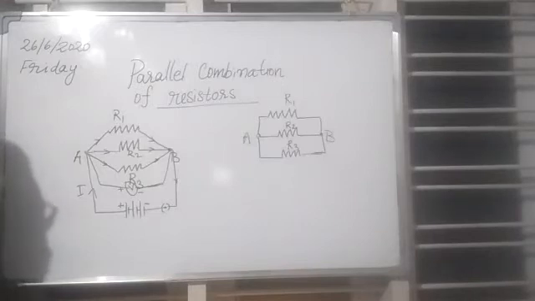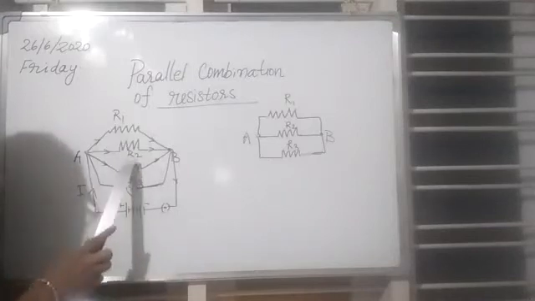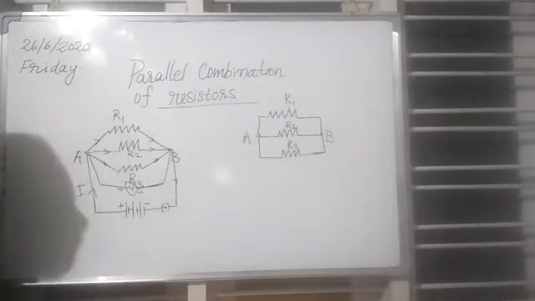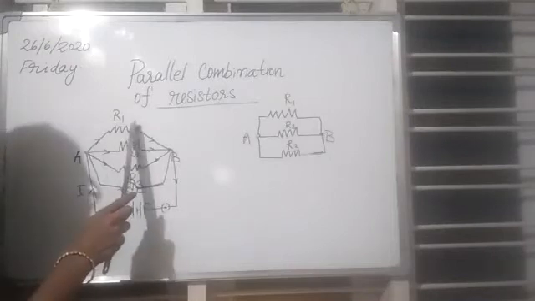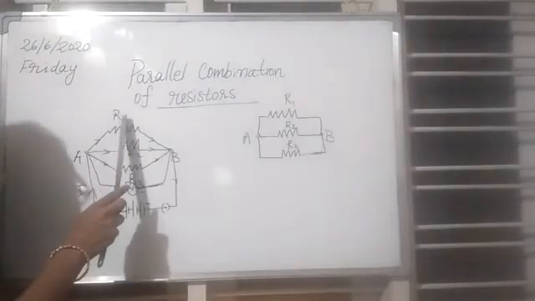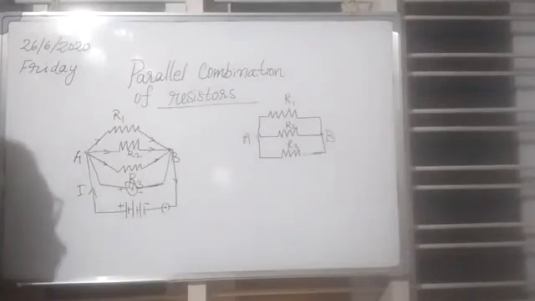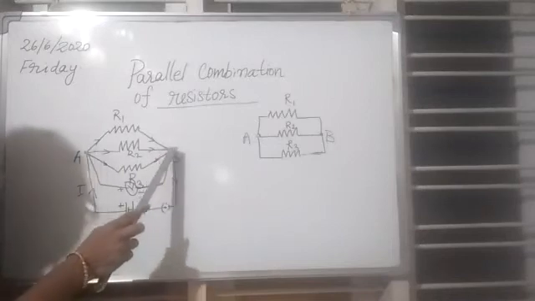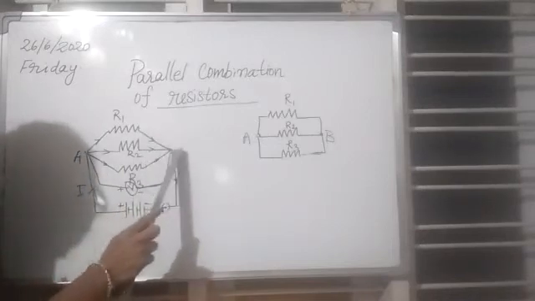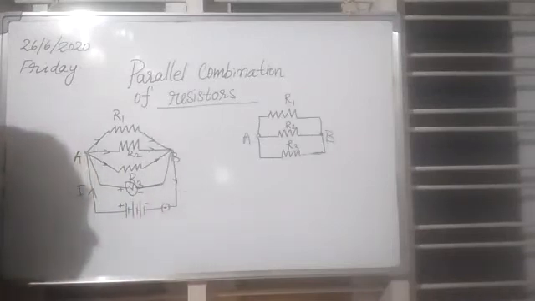The amount of current passing through each path depends upon the value of the resistance. The current through R1 depends upon R1, through R2 depends upon R2, and in the same way for R3. Then it goes towards the negative.